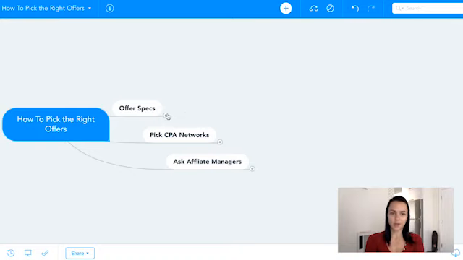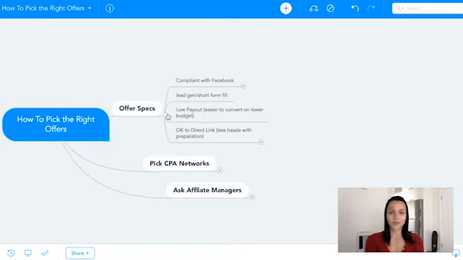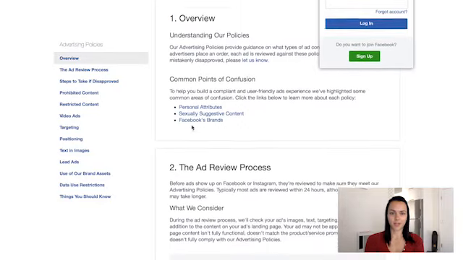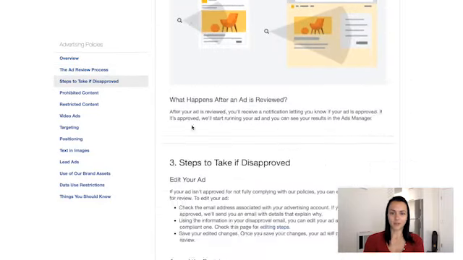So what are the offer specifications? First of all, like I mentioned already, it should be compliant with Facebook. What it means, a homework for this video or for today is you need to go to facebook.com and read their policies, and literally I want you to go to this link and read from the top to the bottom and make sure that you are aware of everything that is written here.